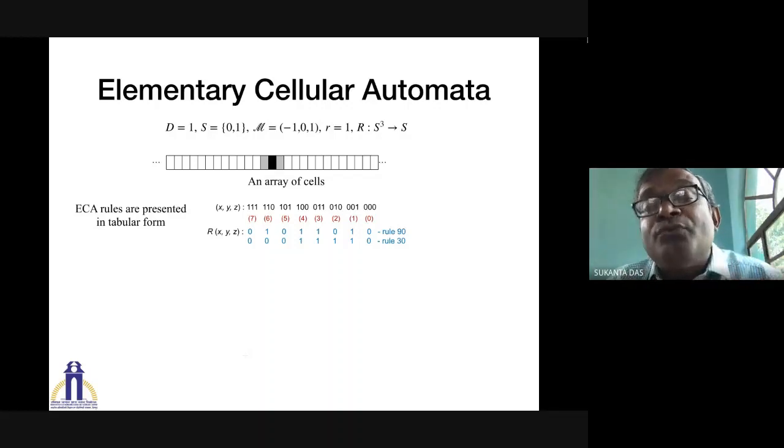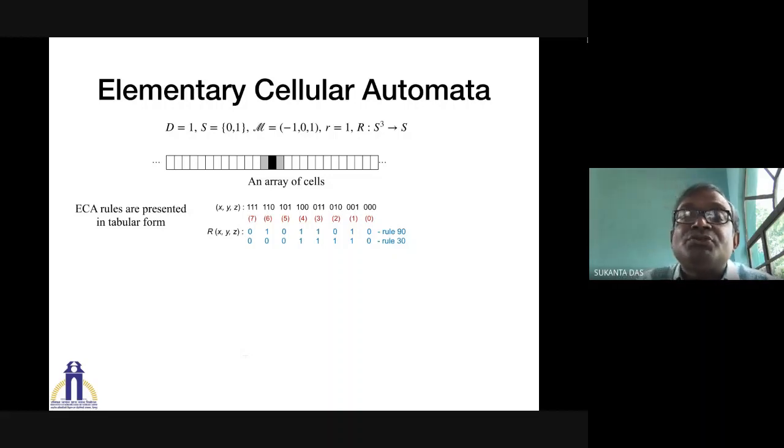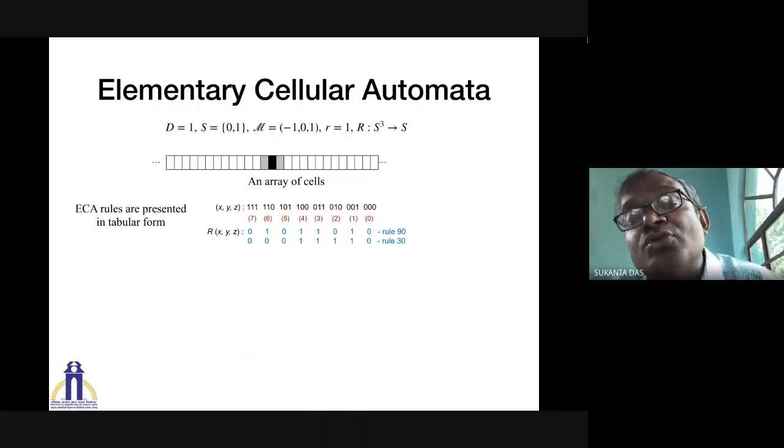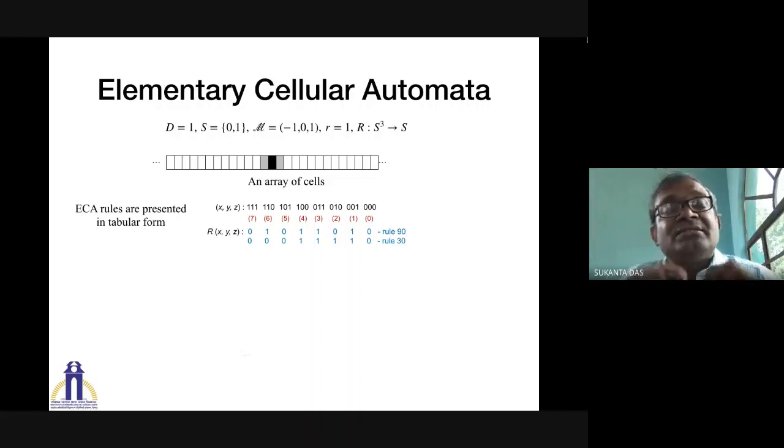This is the proposal of Wolfram. So this kind of notation is sometimes called Wolfram's rule. The first rule here, I have written 0, 1, 0, 1, 1, 0, 1, 0. It's called rule 90. This is nothing but the decimal representation of the 8-bit binary sequence.